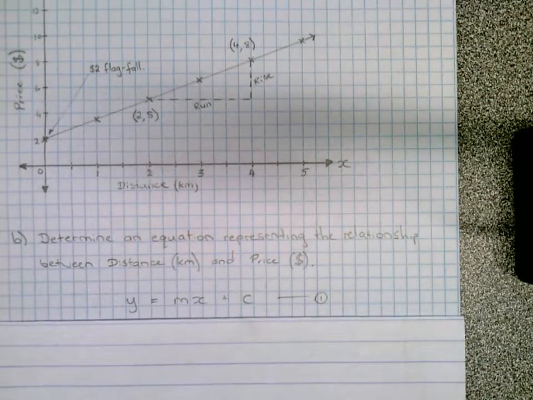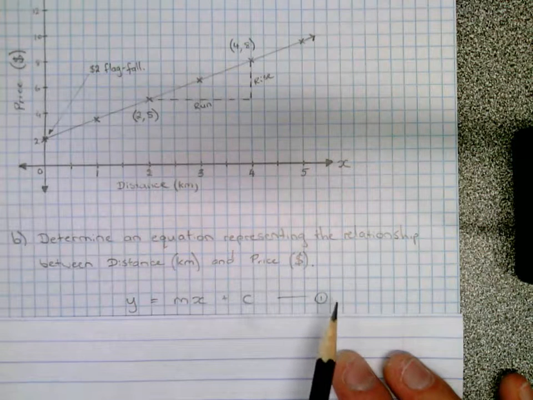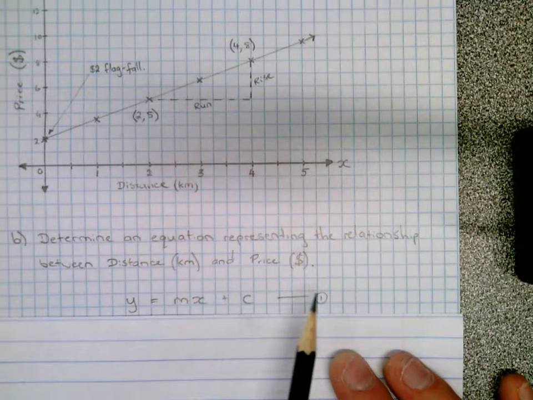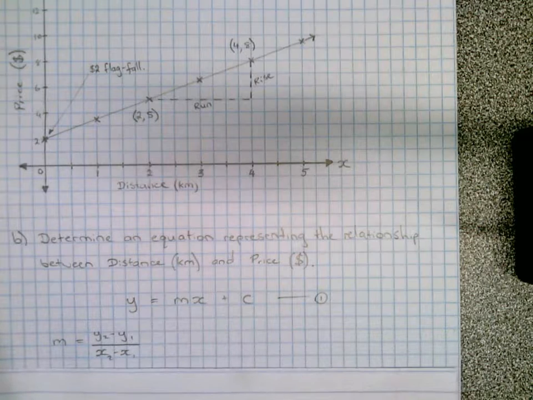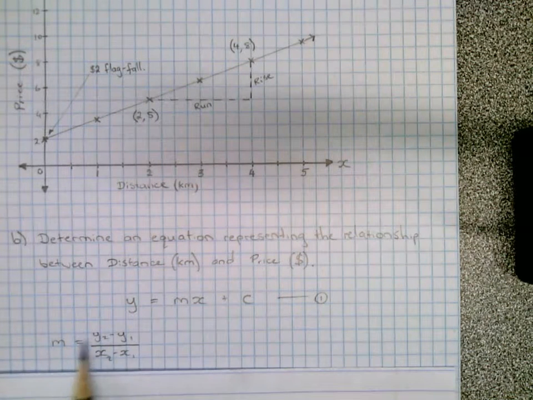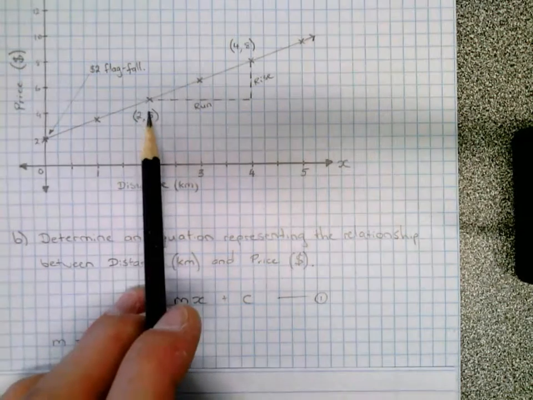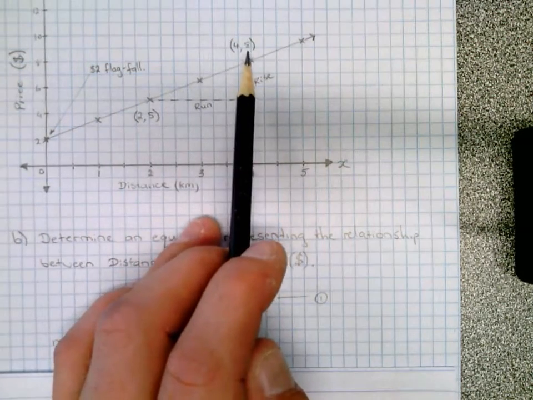To do that, I need to define my general form for a straight line, that is y equals mx plus c, and I've called it equation 1, so that if I want to refer to that later, I can just refer to equation 1. I've then defined the gradient, or the slope m, for this formula, and how I can go about calculating it. I need 2 points, or 2 coordinates, to substitute in here. I need a y2, a y1, an x2 and an x1, which I'm going to get from these 2 points.